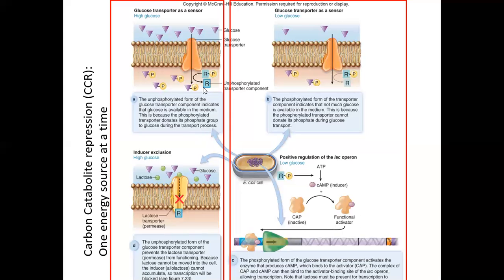So it acts as a signal that we have glucose. And then it also blocks the lactose transporter because you have glucose. So there's no need to bring lactose in. But if it was phosphorylated, then it couldn't block this transporter, and then lactose could come in and signal, and then the lac operon would be transcribed so that you could break down the lactose.